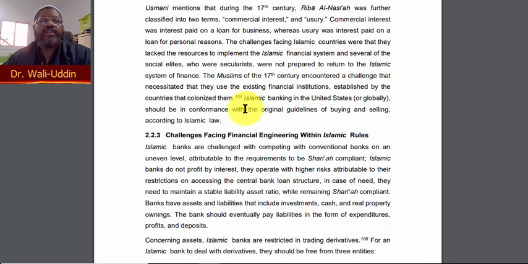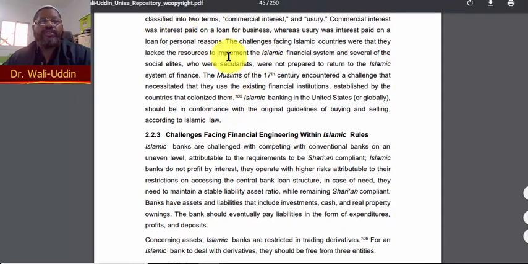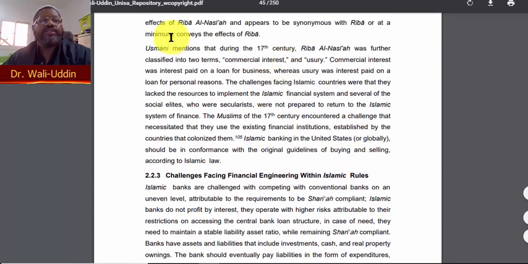And so here we get into different aspects of usury. Just to note, interestingly, at one point in time usury was divided into commercial interest and personal interest.